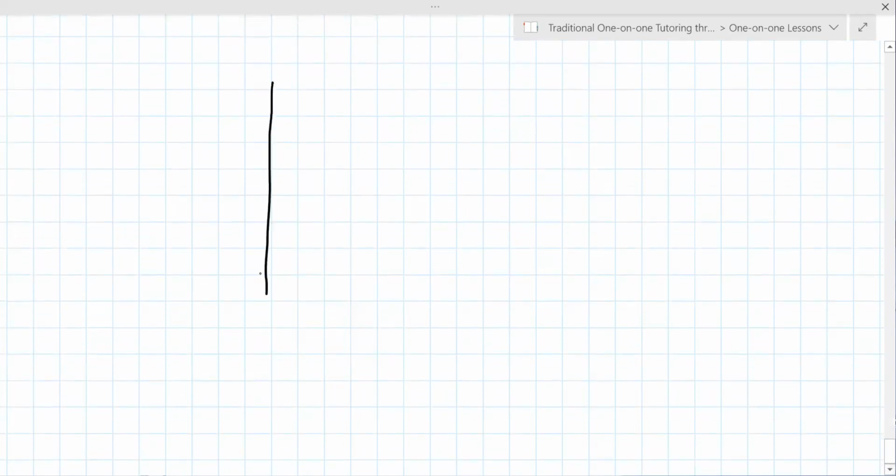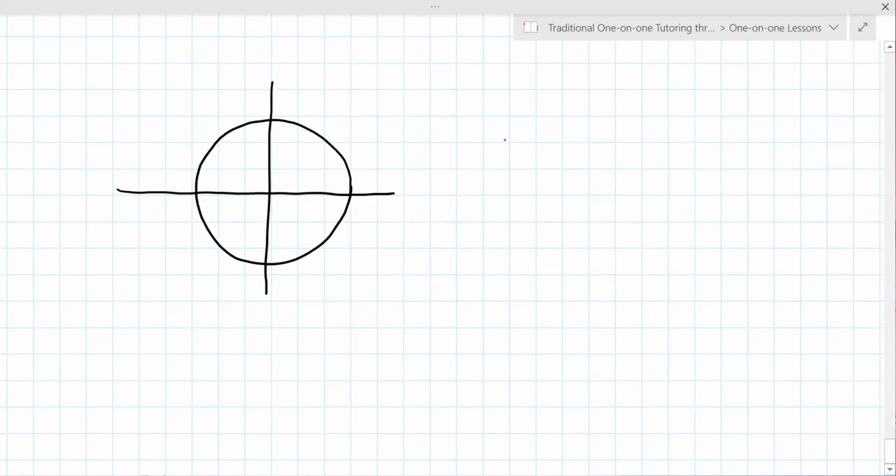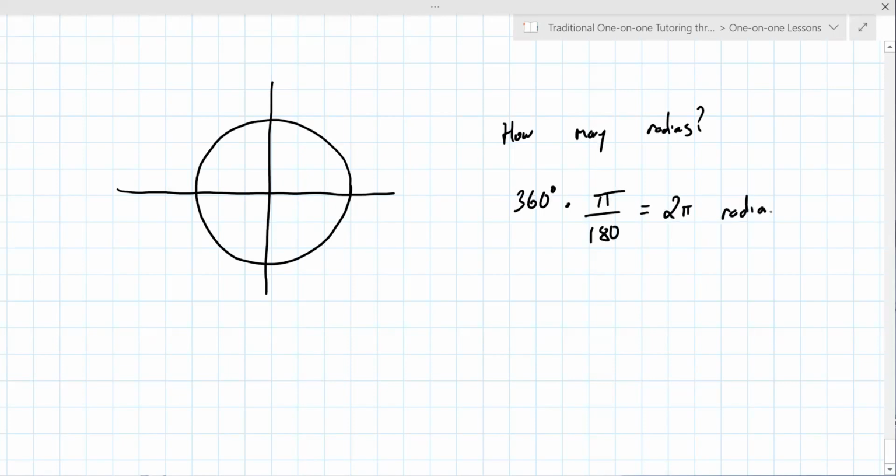So they ask you, here's a circle, and they say, how many radians? And if you go all the way around, it's 360 degrees times pi over 180, because that's your conversion, which is 2 pi radians. Okay. But they also do this.